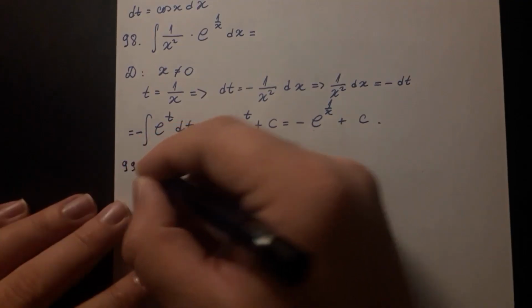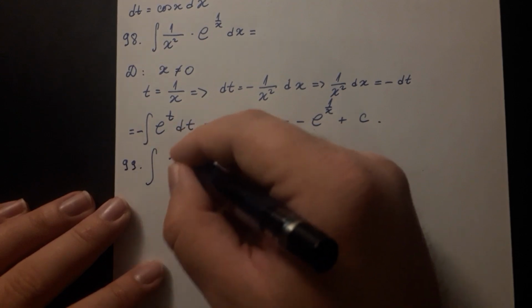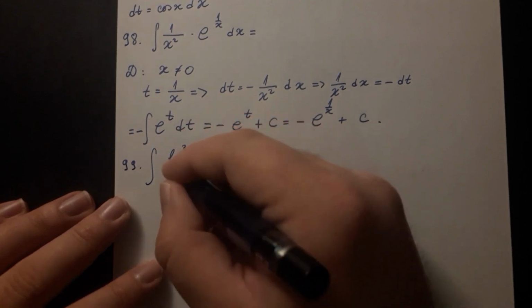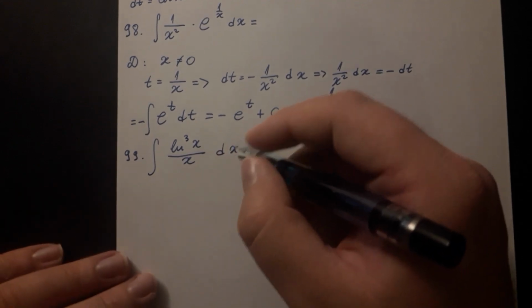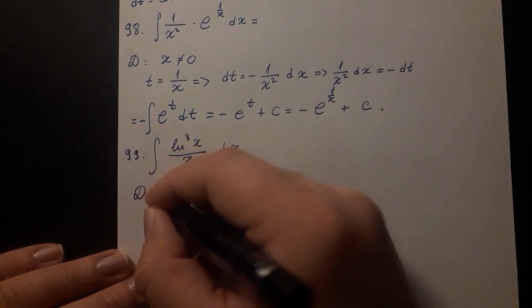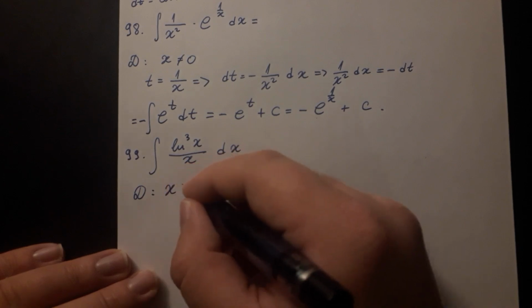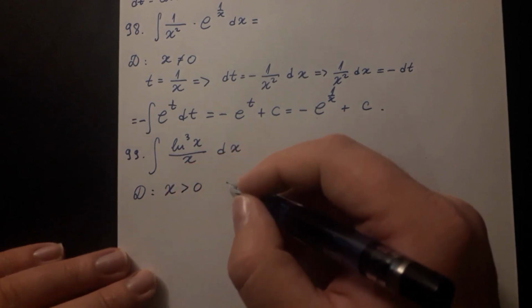Problem 99 on our list is an integral of ln cubed of x divided by x dx. The area in which this integral is defined is for all x's which are larger than 0.